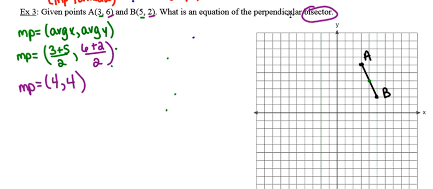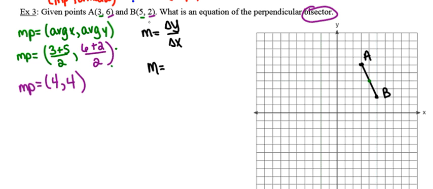Now I need my new segment to be perpendicular to this guy. And again, we're going to use slope formula to verify what is perpendicular. So again, anytime I use a formula, I'm going to write it down on my paper first. So change in y over change in x. Or if you prefer, y2 subtract y1 over x2 subtract x1.